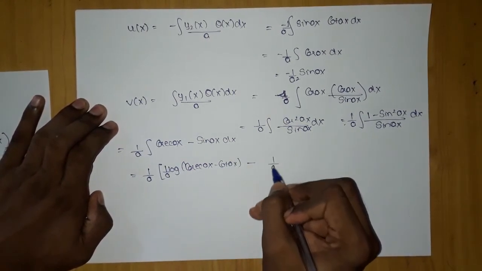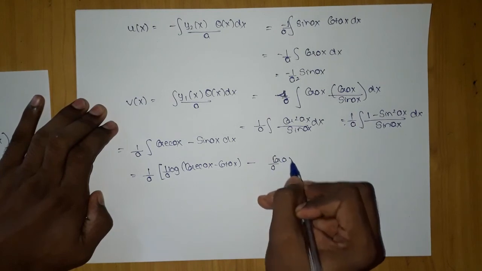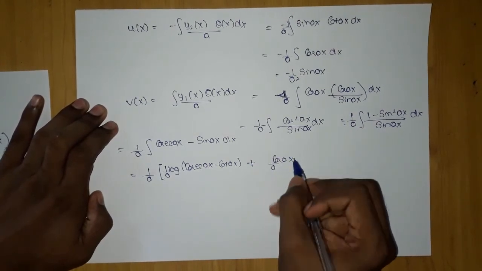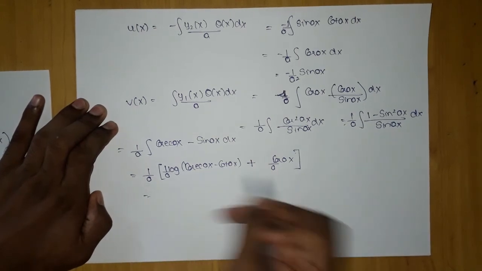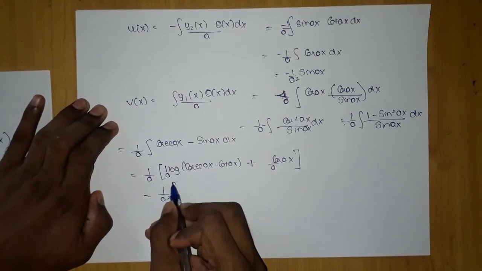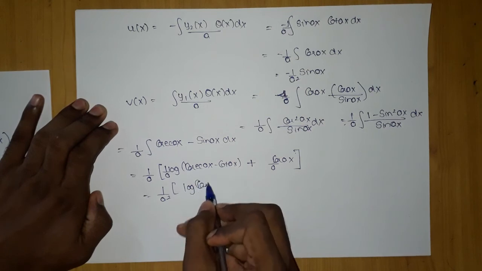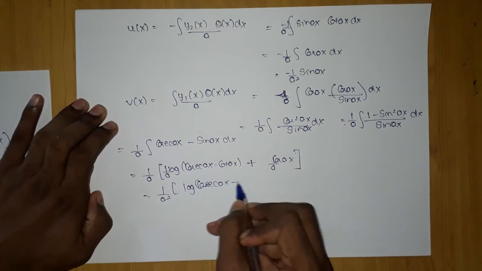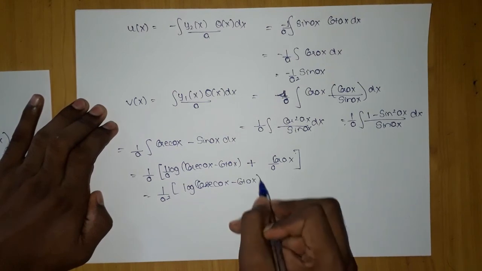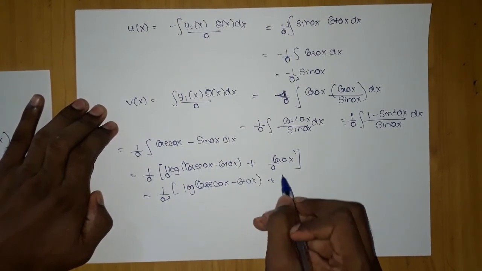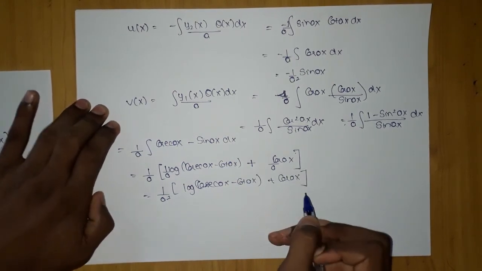Here also 1 by a into cos ax, this will become positive, and this is our answer. So when we take a common, it will be 1 by a, square bracket, log cosec ax minus cot ax plus cos ax is your required answer.